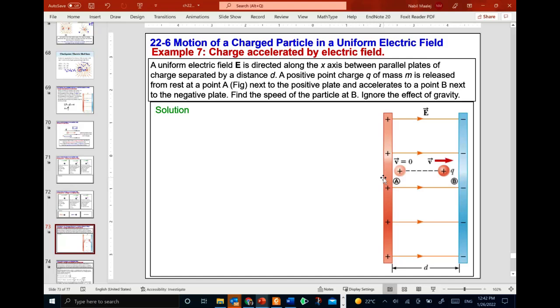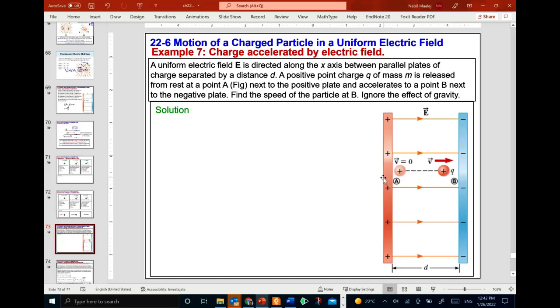That's why I'm using magnitudes here. So I can get the acceleration: it's just qE divided by m.